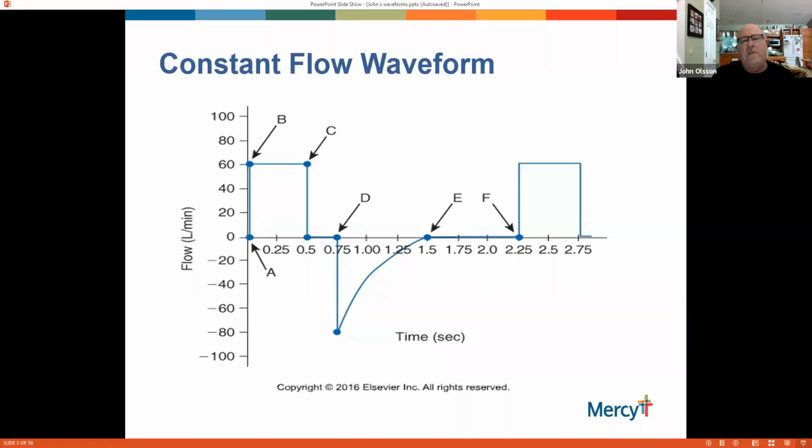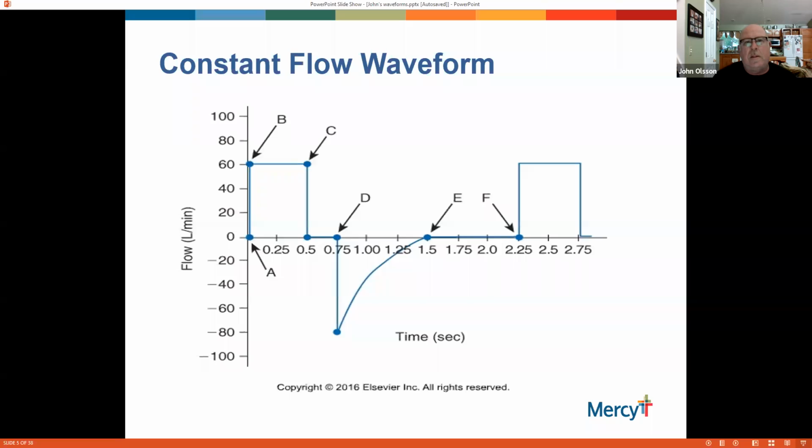And if you notice on this flow pattern here, the flow actually goes negative. So you have inspiratory on top, and it goes down to that zero baseline and goes into expiratory. There you can see the flow on the left side and time, as you will, on the bottom.